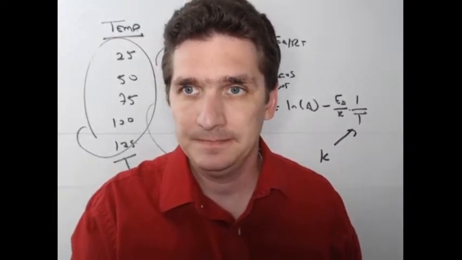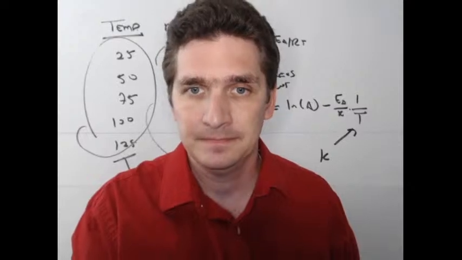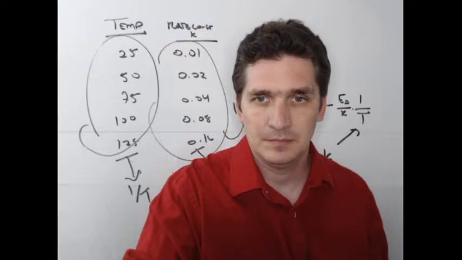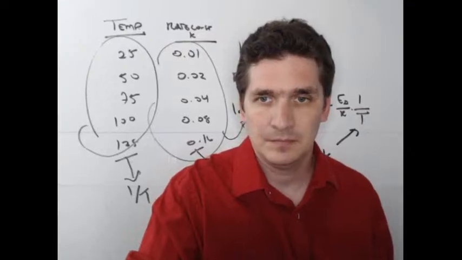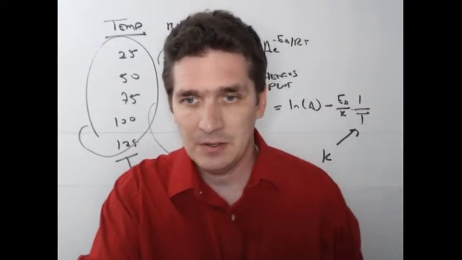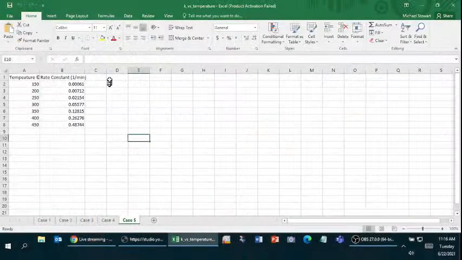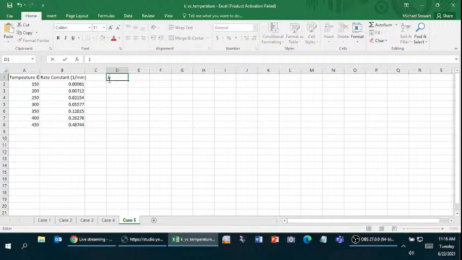All right, so I've got the data up now. What we need for an Arrhenius plot is 1 over temperature in Kelvin, so 1 over Kelvin, and we need the natural log of k.